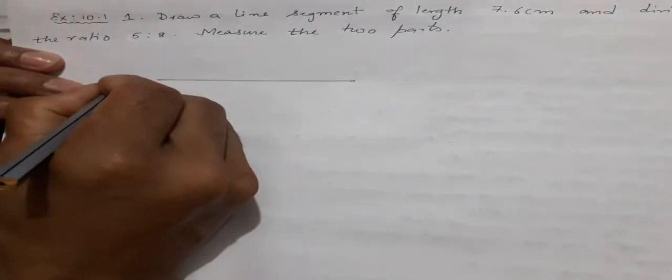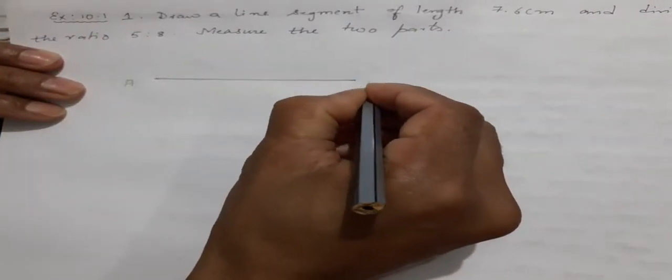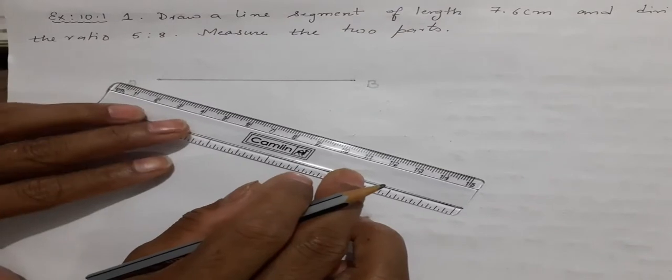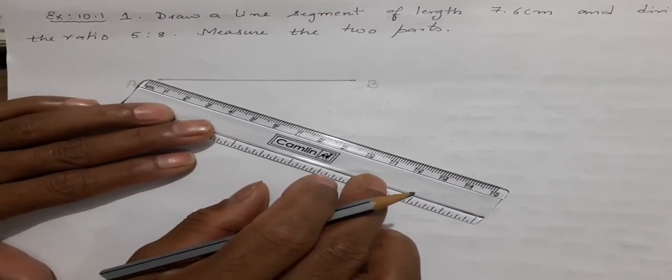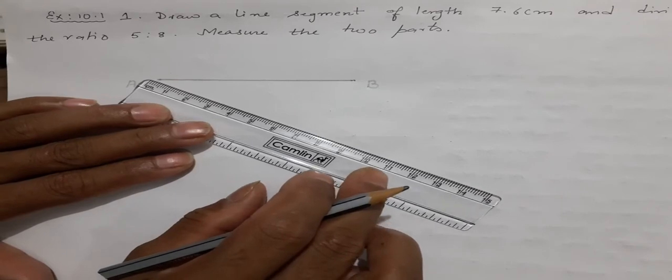This we will be calling A and B. After this, you draw any kind of acute angle here.